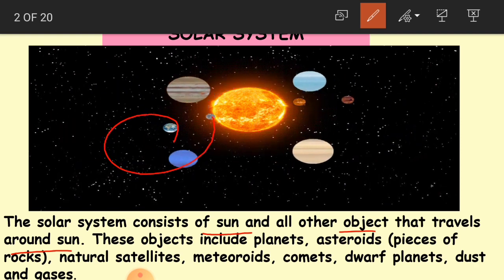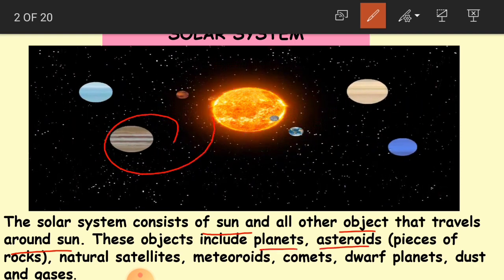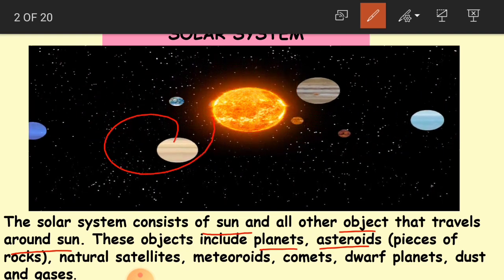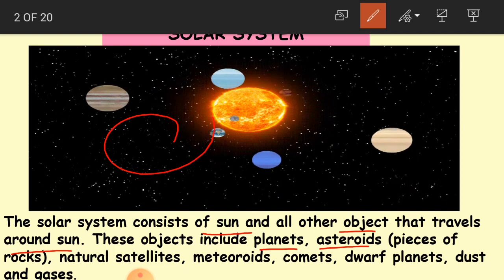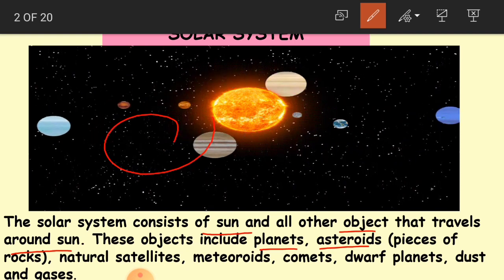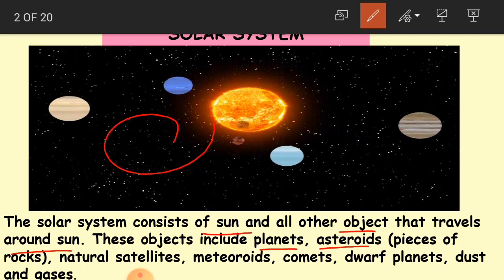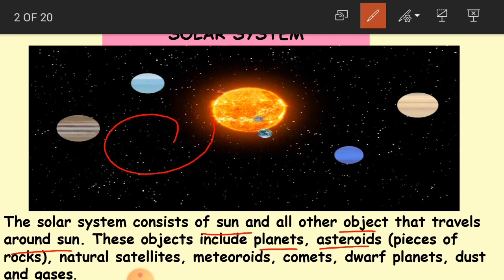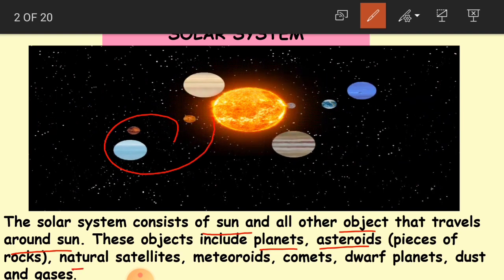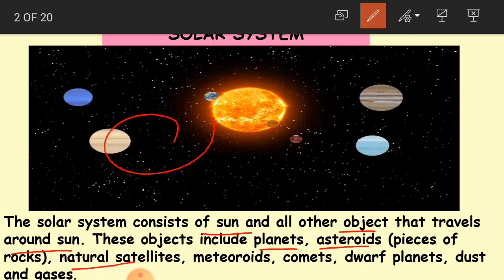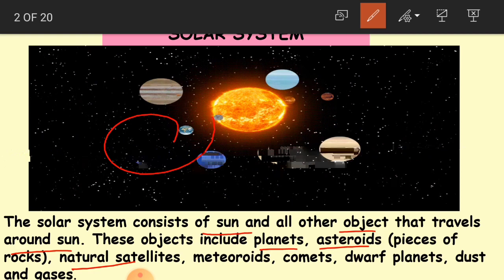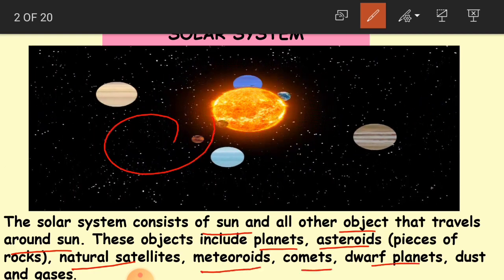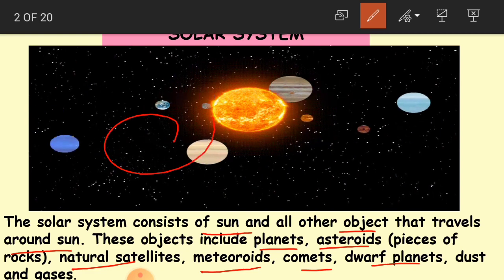So what are the other objects? These objects include planets, asteroids. Asteroids means pieces of rocks. As we have rocks on our earth children, even the solar system also consists of pieces of rocks, some small rocks, some huge rocks, and natural satellites, for example, the moon, and meteoroids, comets, dwarf planets, very small planets.